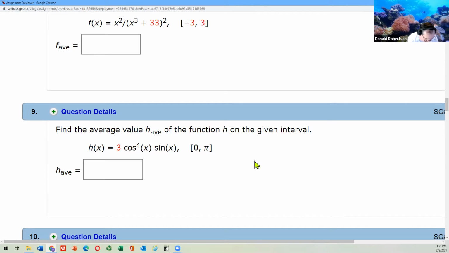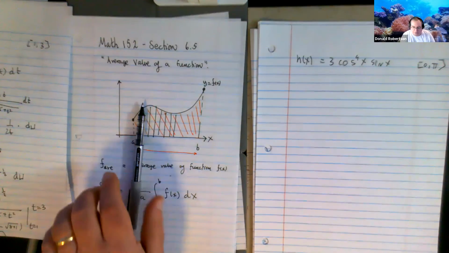So we have a function, which is, in this case, 3/4 power of cosine with a sine, and we're going to do it from 0 to pi. Okay. And it's a standard find average value of a function. So they're not doing anything different.